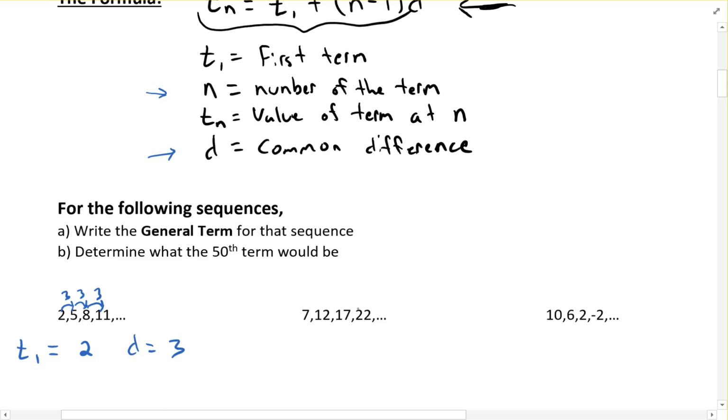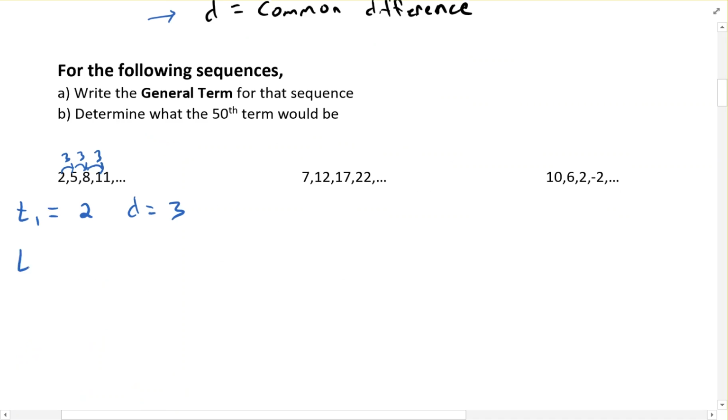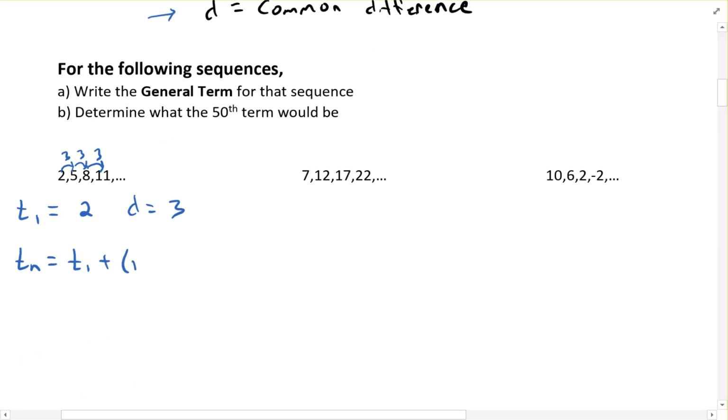So now that we know that, we can use our formula. Maybe I'll just write it down here again. Tn is equal to T1 plus (n minus 1) d. Okay, so now let's just fill stuff in. Tn, we're going to leave like that. T1 is going to be equal to 2 plus, I'm going to leave this as n minus 1 for now, but then d is equal to 3.